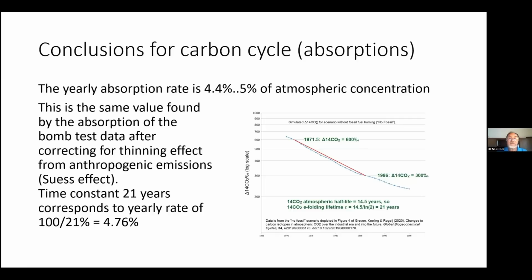There was a treaty to stop all atomic tests, at least those in the atmosphere. And so we have a kind of ideal emission pulse of radiocarbon, of C14 here. And one can analyze the decay of this emission pulse.